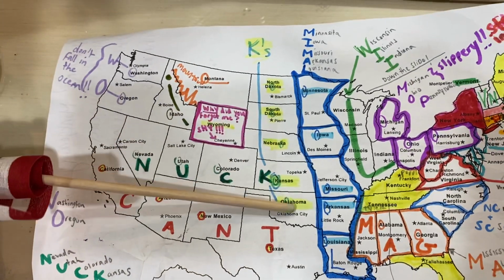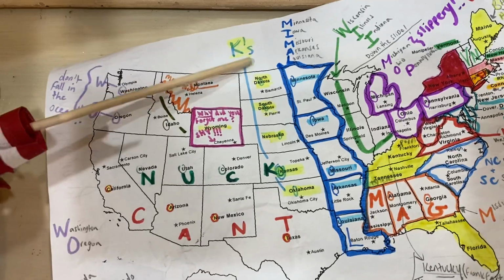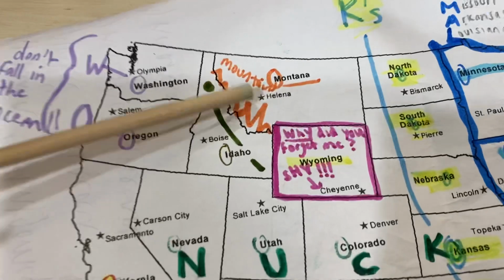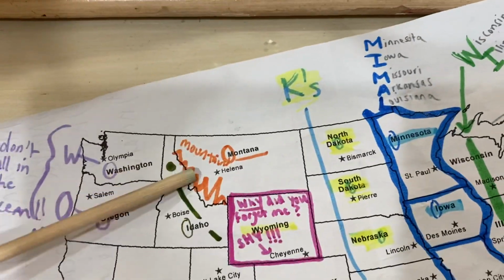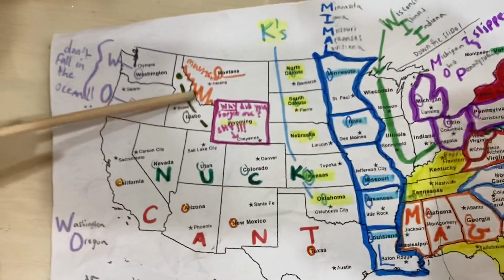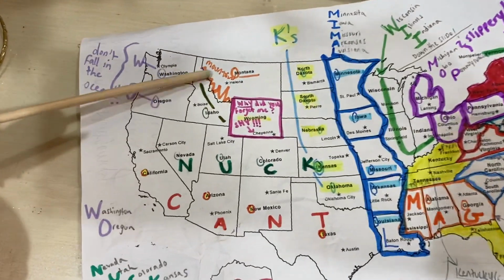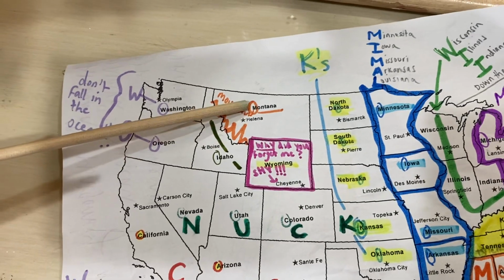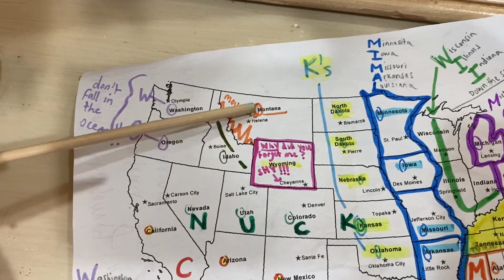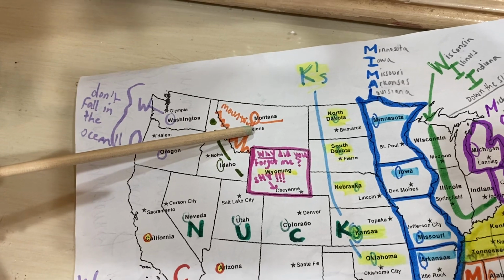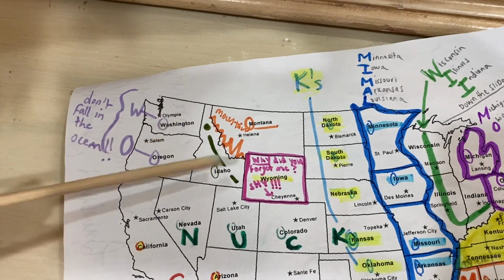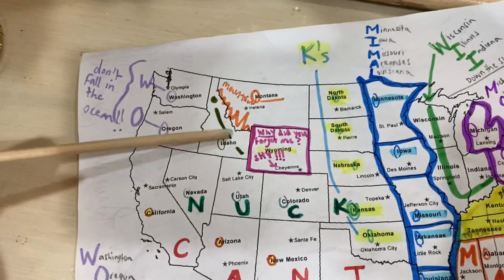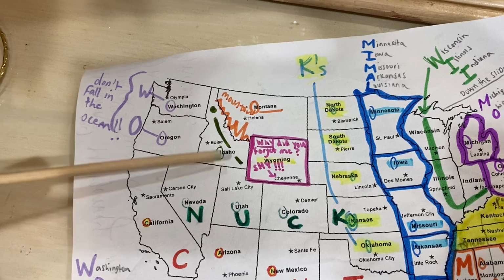Then, right next to the Ks, you're going to go right here to Montana. And if you see the little mountains over here, see this whole choppy line? This whole choppy line is a mountain, mountain, mountain. Those are the mountains of Montana. Helena, Montana. That's Hannah Montana's sister, Helena. And then you go next door to Montana and you see what looks like an I. So that's Boise, Idaho.